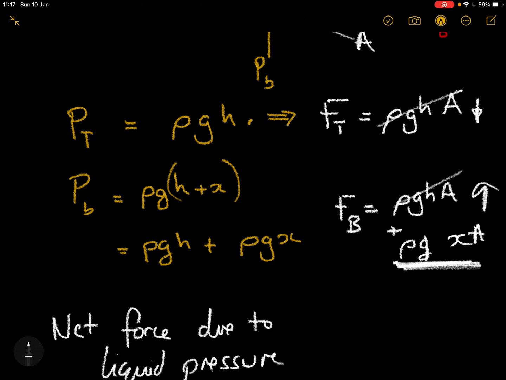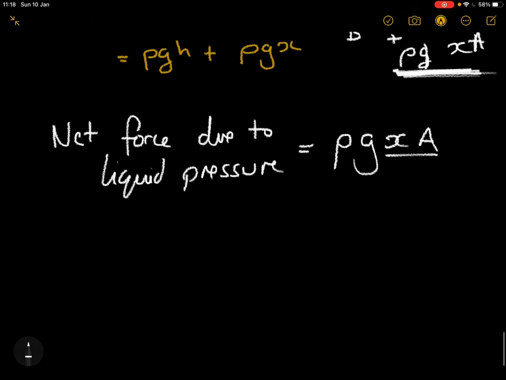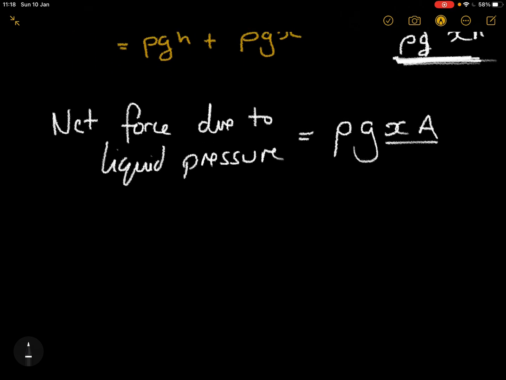We've got two forces that are the same, so we're just going to be left with rho g x A. And this is important because remember, the density is the density of the liquid. X times A is a volume, and g is obviously gravity.